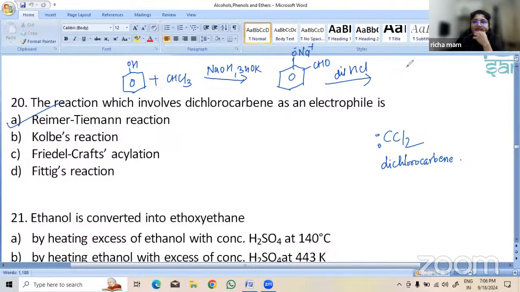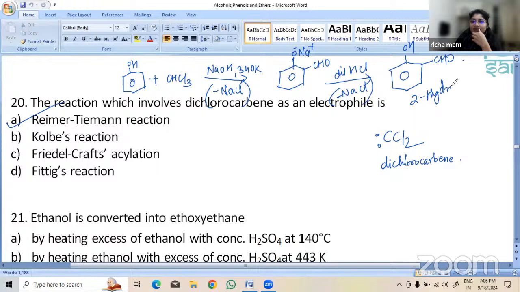Then we are going to get a benzaldehyde. So it is a salicylaldehyde. With dilute HCl, there is removal of NaCl. Here also there is removal of NaCl. So what we are going to get is 2-hydroxybenzaldehyde.